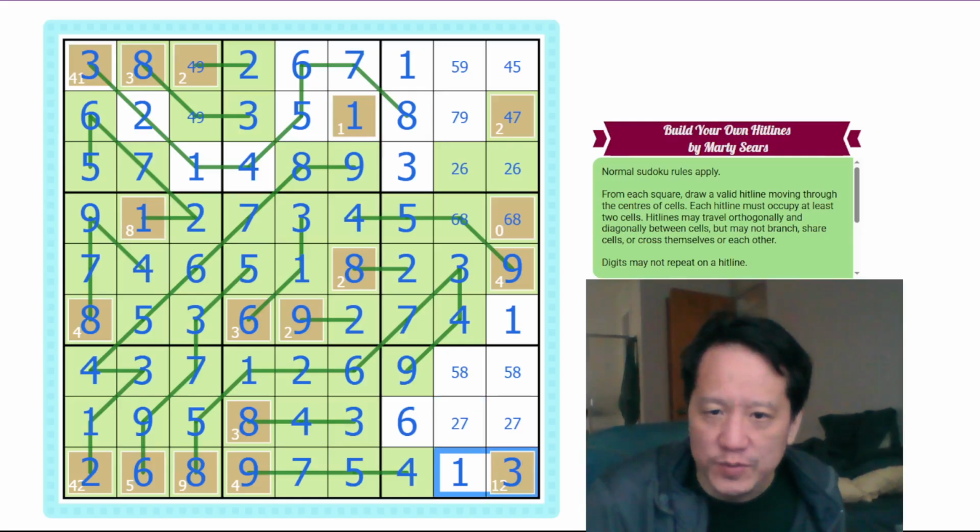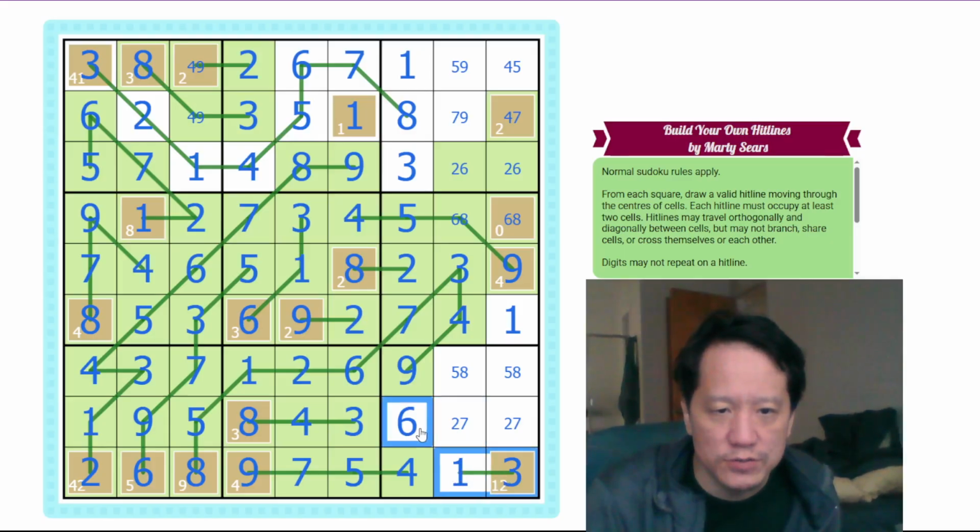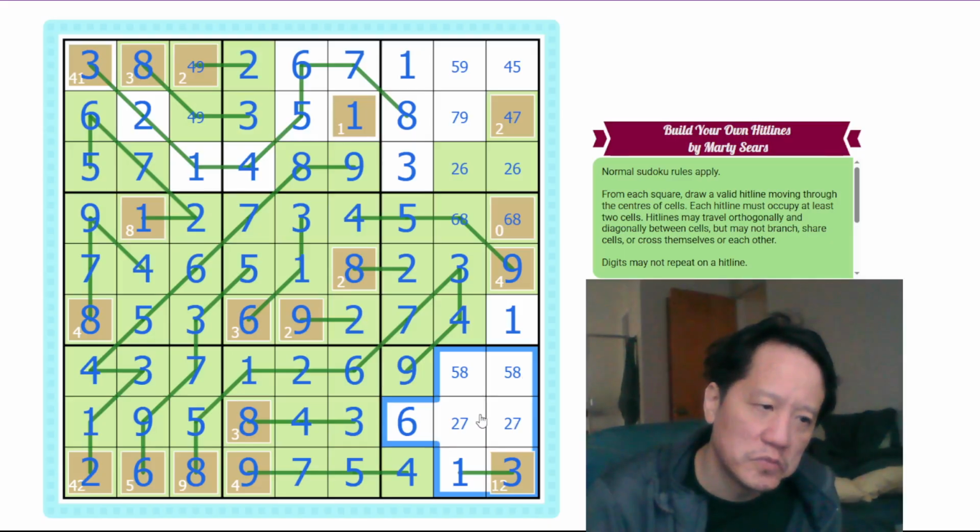So this has to go this way, which means it cannot go through here. Can it end here? I don't think so, right? If we go 1, 2, 3, 4, 5. Oh, that could end there.